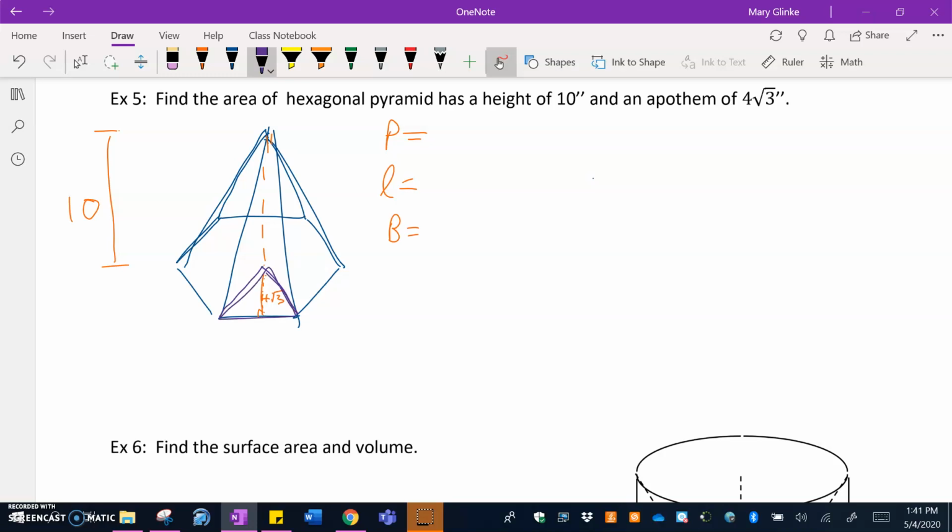Since it's a hexagon, that purple triangle here is going to be an equilateral triangle. So if this apothem is 4 root 3, that means we have a 60-degree angle and a 30-degree angle.